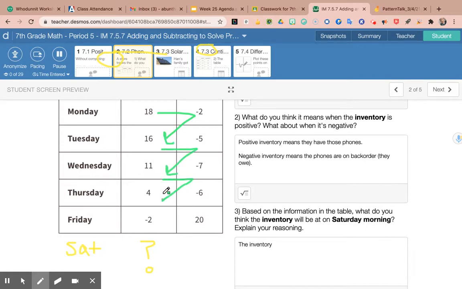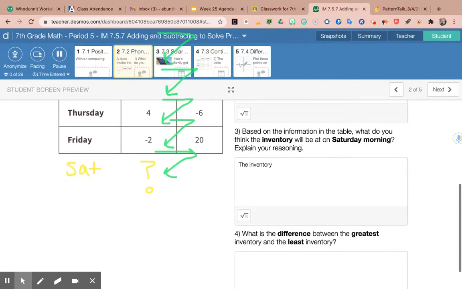So 7 plus 7, 11 take away 7, 4. 4 take away 6, -2. -2, so what would it be? And then it wants to know, explain your reasoning. So how did you know that that's the starting inventory? So go ahead and write a sentence.